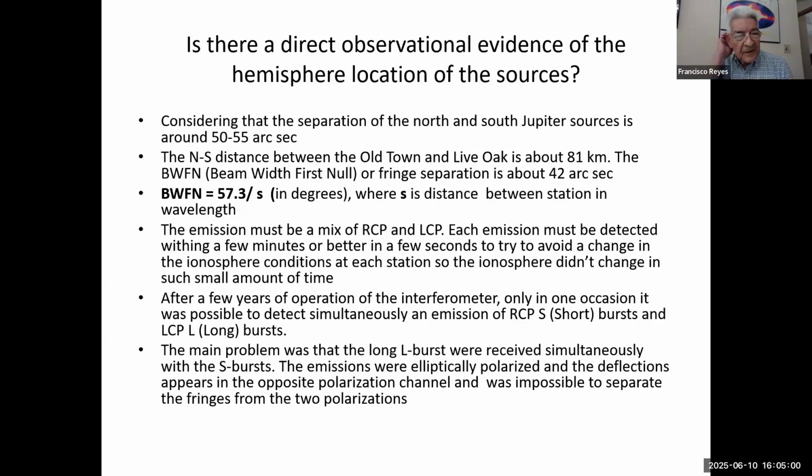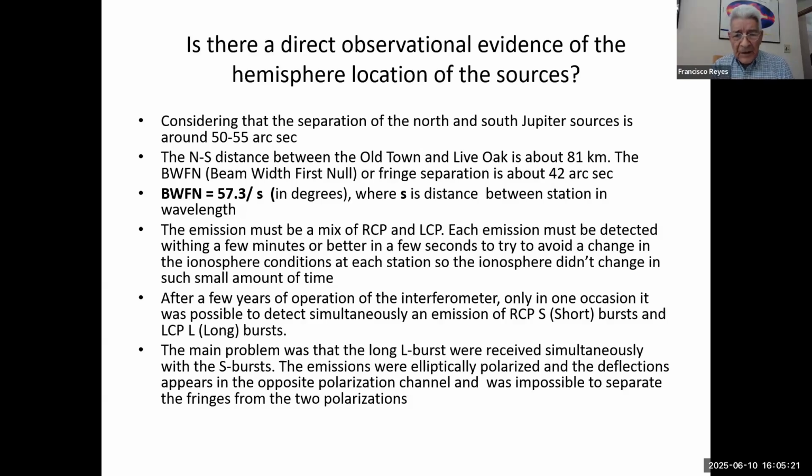I give you the formula there to calculate the beam separation between the first nulls, which you can calculate in degrees, and the distance, in this case between Old Town and Live Oak, is in wavelengths at 18 megahertz.